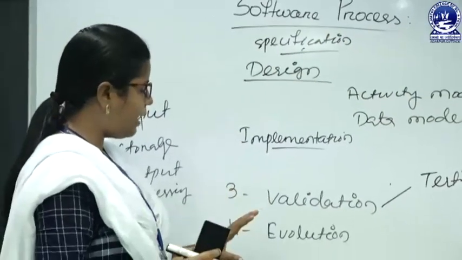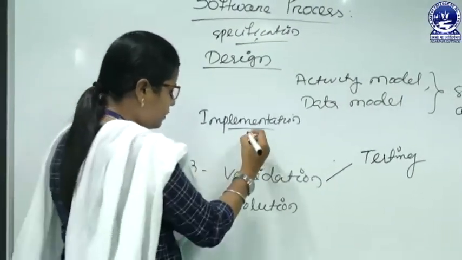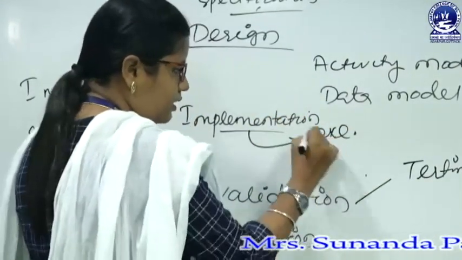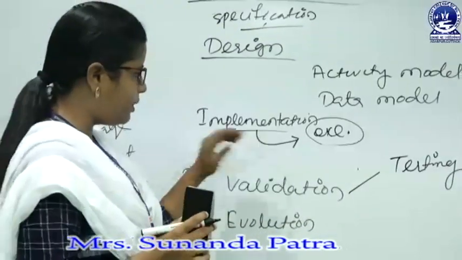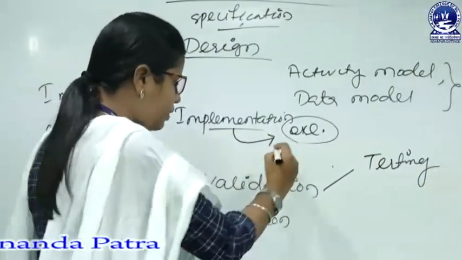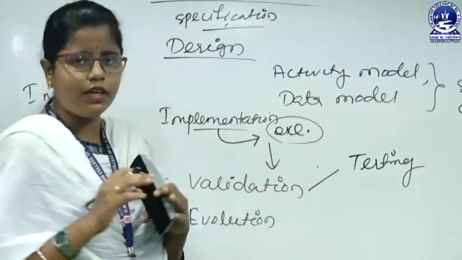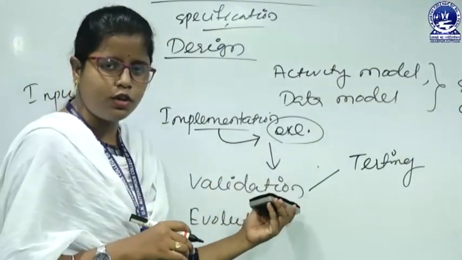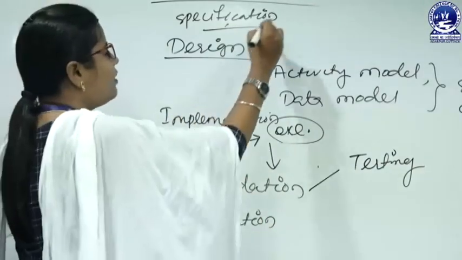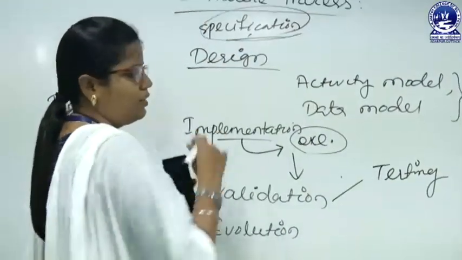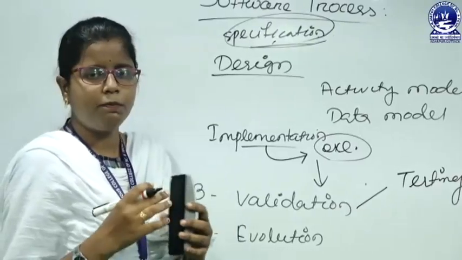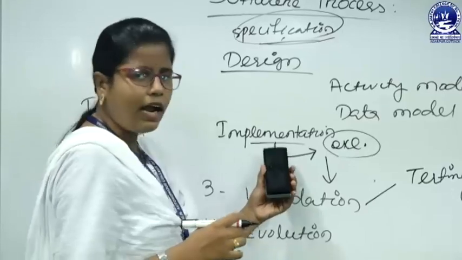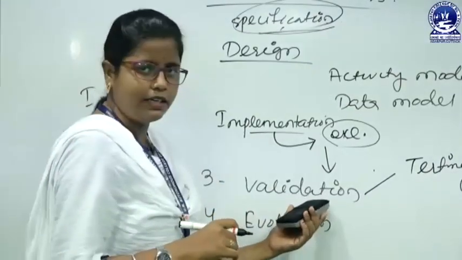So, here we have to check whether, in the implementation phase, the output is an executable file. This is the output of the implementation phase. Coming to the validation phase, here we are checking whether that executable file or software is going to meet whatever requirements are defined in the specification phase. So, if the customer wants something, then that is implemented and should be tested in the validation phase.